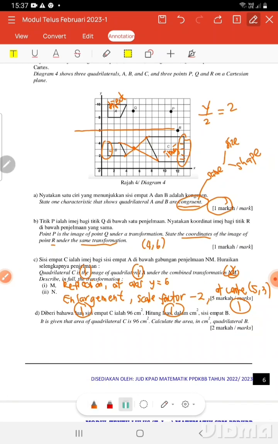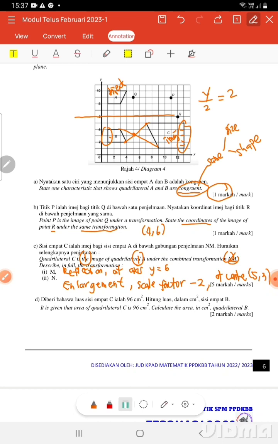Okay, let us proceed to the last sub question for this question. For D, it is given the area of quadrilateral C is 96.